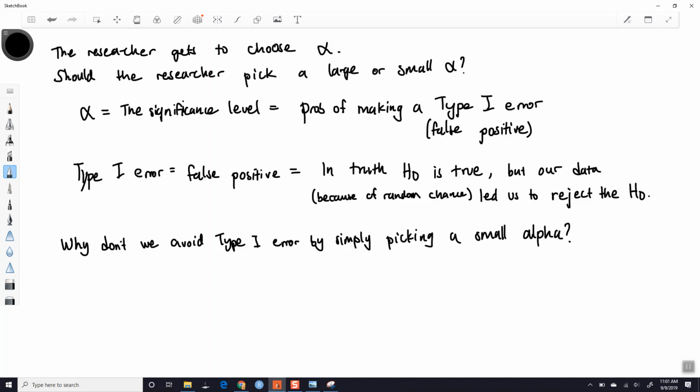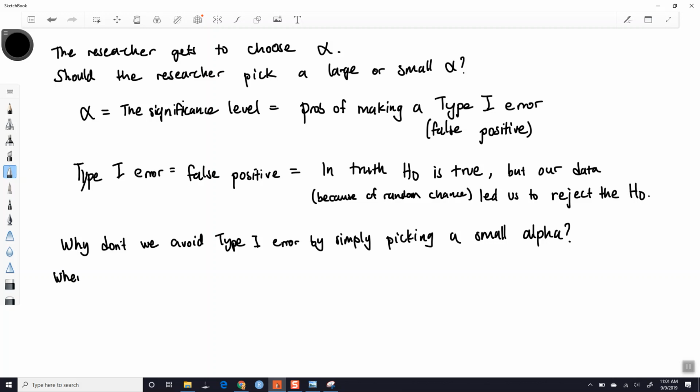If you want to reduce type 1 error, just pick a small alpha. But why do we pick alpha as 5%? Why don't we just pick alpha to be something really tiny? Well, when we reduce the risk of type 1 error, we increase the risk of the other kind of error, the type 2 error, the false negative.